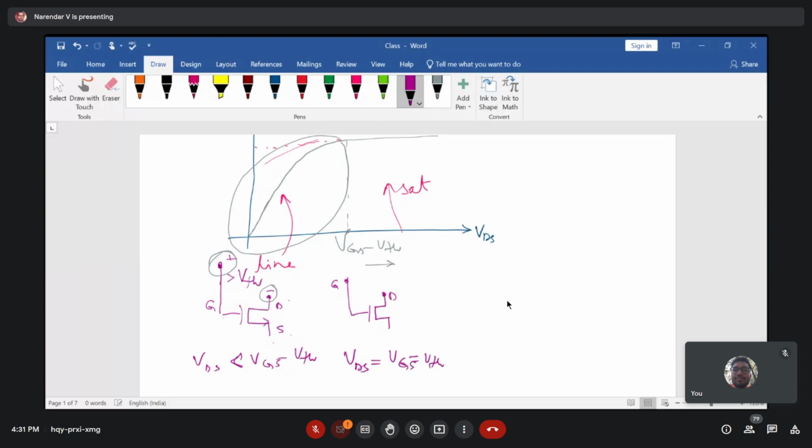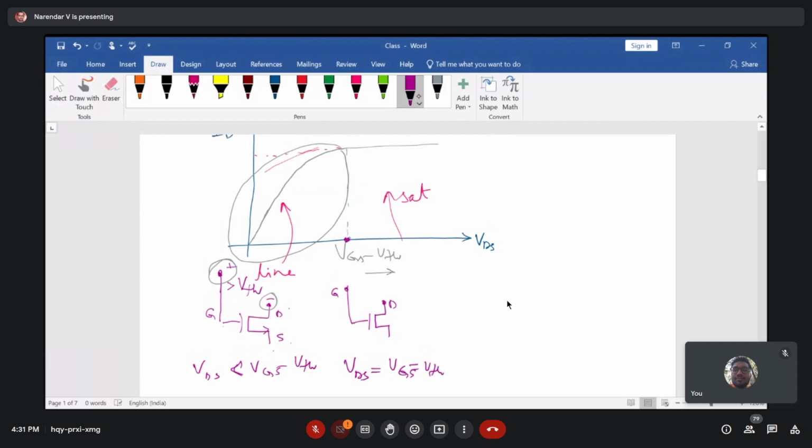At this point, the difference between the gate terminal voltage and the drain terminal voltage is exactly VTH. Whereas in the previous case, the gate terminal voltage is much higher than the drain terminal voltage, by much more than VTH. In this case, the gate terminal voltage is exactly higher than the drain terminal voltage by the threshold voltage of your device.